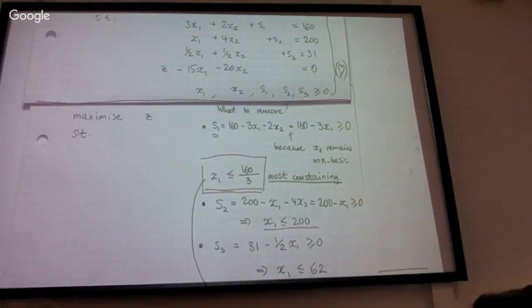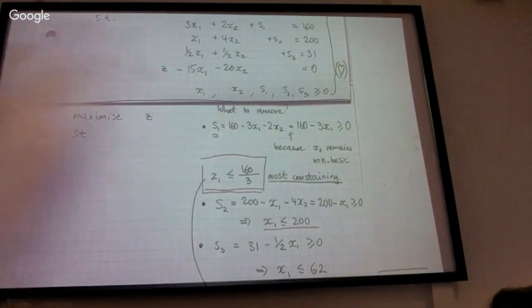So what we did was divide the right-hand side by the coefficients in the same equation of the variable that's entering the basis, and we got 160 thirds, 200, and 62, and then we picked the smallest one, and the smallest one is 160 thirds. Okay? So we're going to do the same thing here.